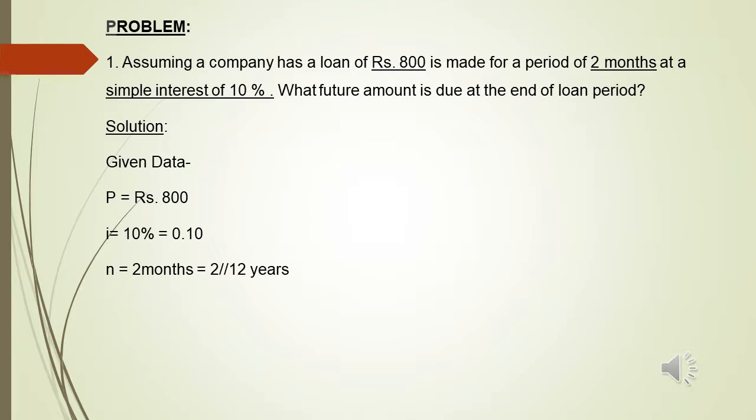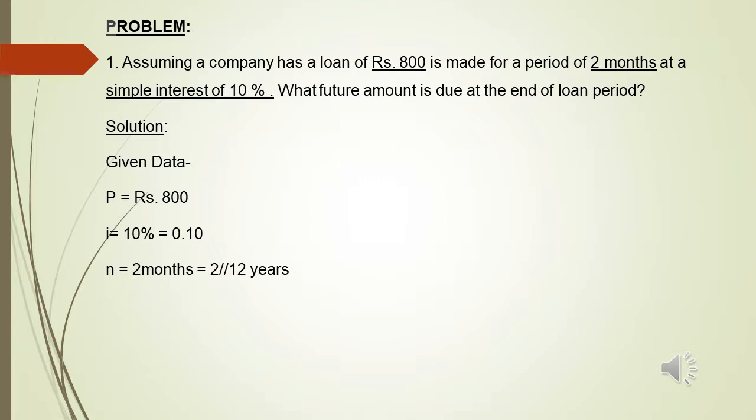Here it is going to be 2 by 12; you have to divide it. At a simple interest of 10%, here I is 10%. What future amount is due at the end of the loan period? That is what you have to find.